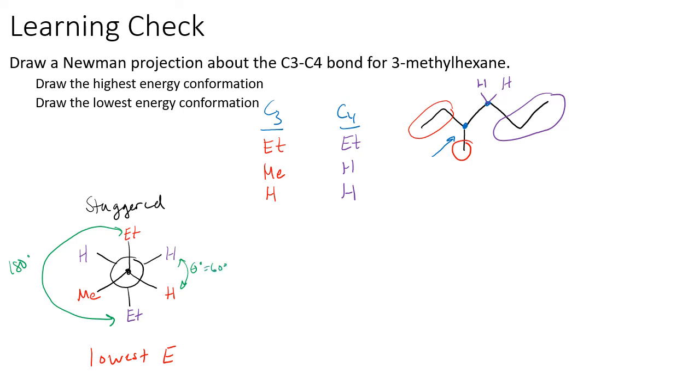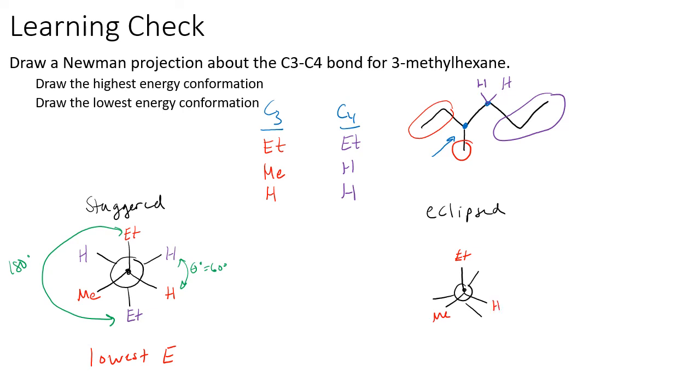For our eclipsed conformation, we have our front carbon, we have our back carbon. We can start by putting our ethyl group on the front, our methyl group on the front, and our hydrogen.